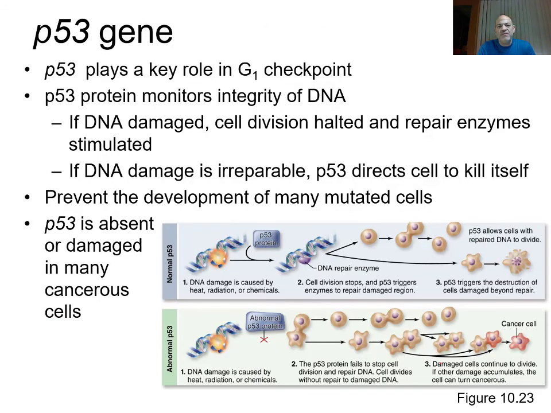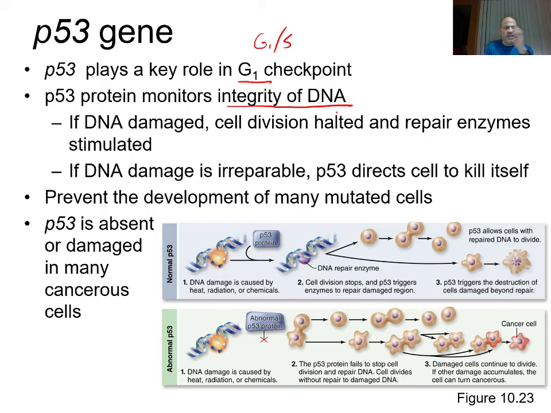Another one is P53, the name of the gene. It produces a P53 protein, and this P53 protein plays a key role at the G1/S checkpoint. What the P53 protein does is it monitors the DNA, making sure that the DNA is in good shape, its integrity.